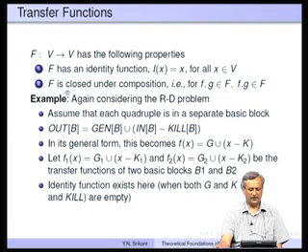This is a very important property: F is closed under composition. That is, if f and g are in the set F, then f dot g, which is the composition of f and g, is also in the set F.